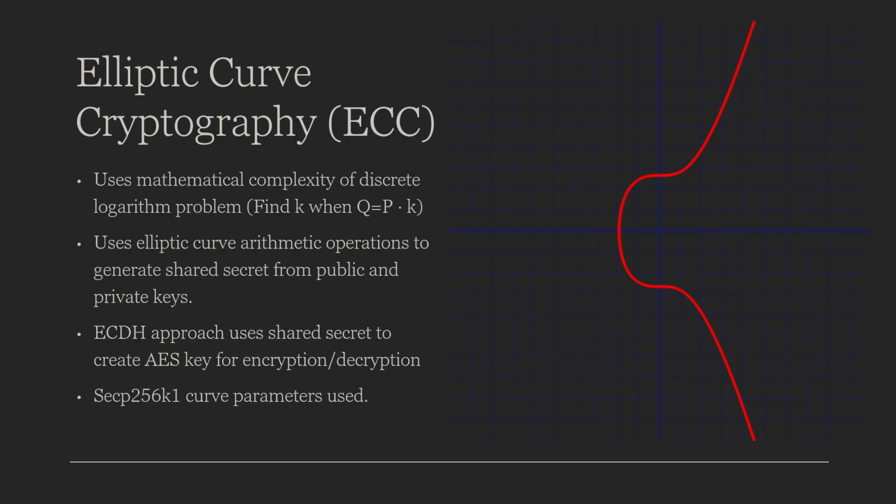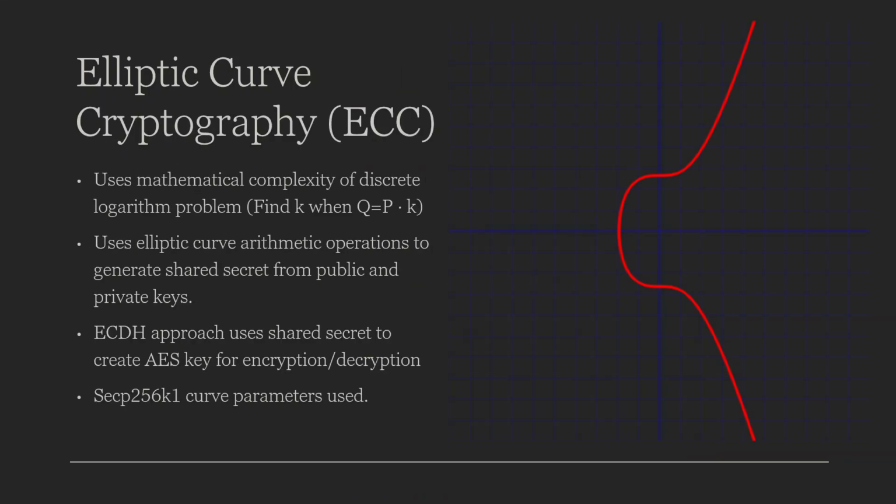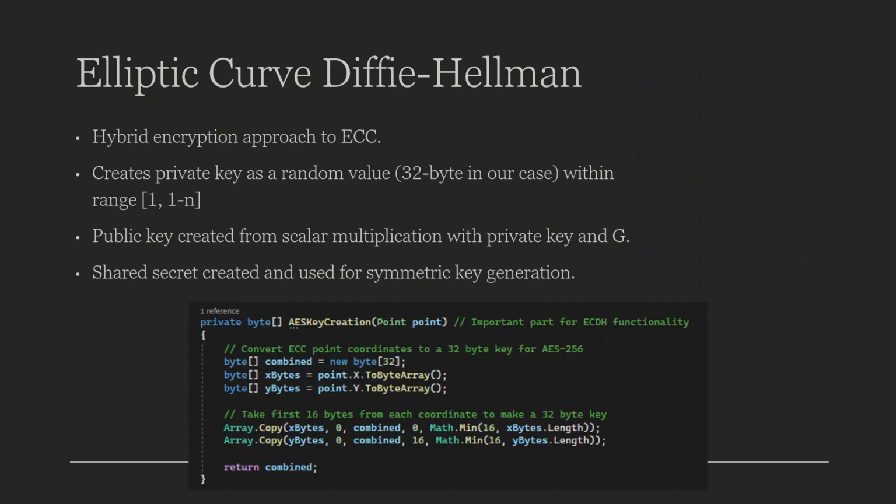I chose the SECP 256K1 curve, which is the curve Bitcoin uses for their public key cryptography, and it's pictured there on the right. But essentially, that just defines what our curve parameters are going to be for the elliptic curve. So there's set parameters, and defining those based on the curve that we're using plays a big role in generating the keys.